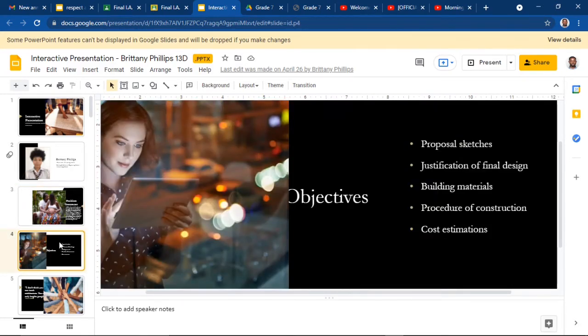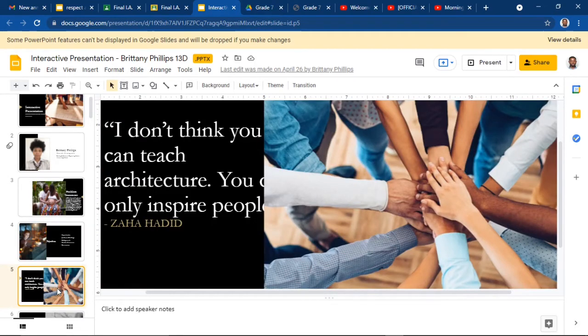All right, so then it goes on to the objectives and tells you what's in the portfolio: the sketches, the justification of the final design, the building materials, so how you went about selecting building materials, the procedure of construction, the cost estimations, and so on. All right, and you could have more things in your presentation as well.